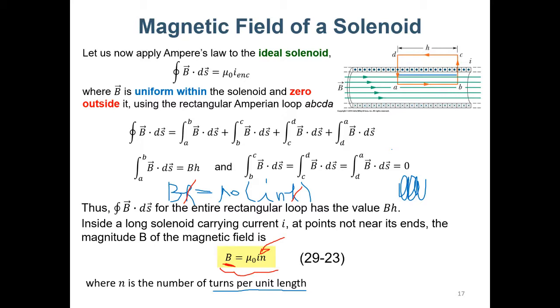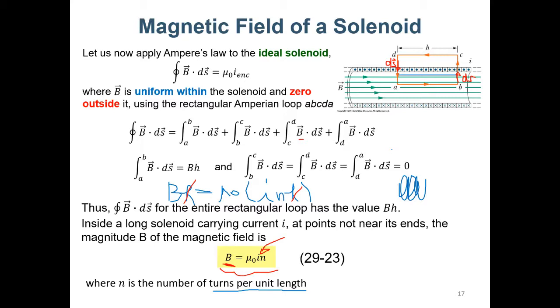左右，因为垂直. B dot ds, ds is something like this. ds for BC is something like this. You're going through the loop. For this part, ds is something like this.